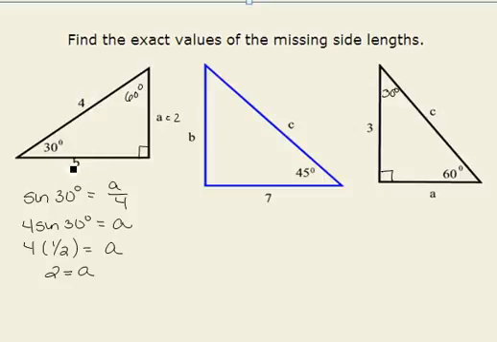We can find length B by either using our sine relationship or our cosine relationship.